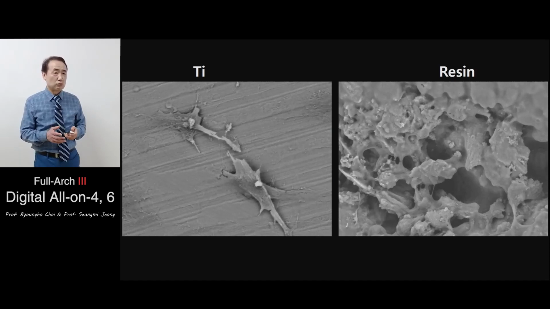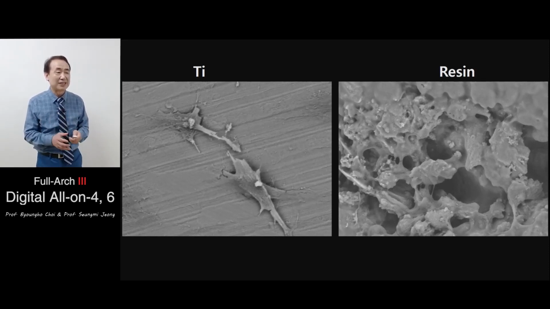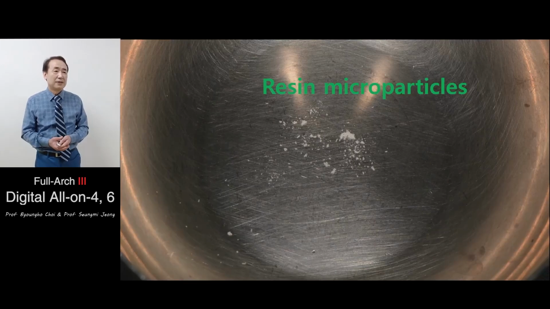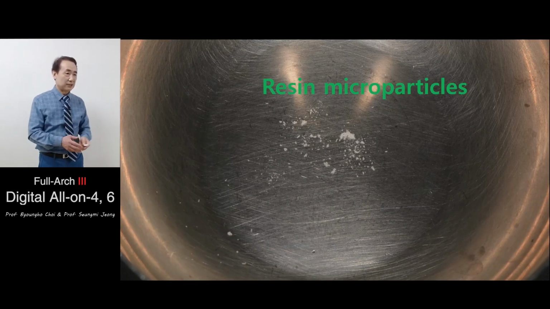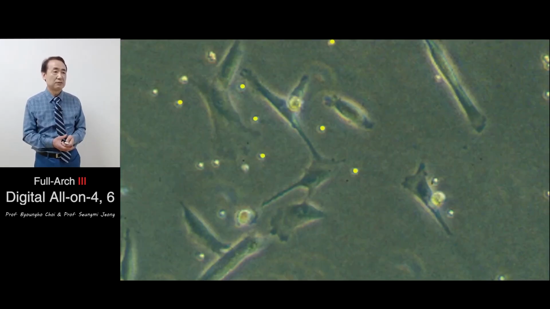This shows electron-microscopic views. On the titanium fragment, cells are alive, but on the resin fragment, cells are dead. These are resin microparticles. These are fluorescent resin microparticles.